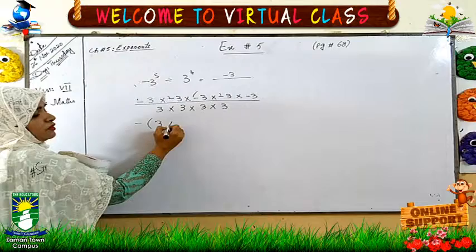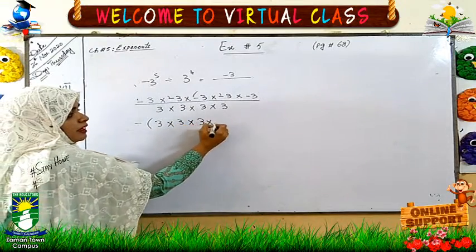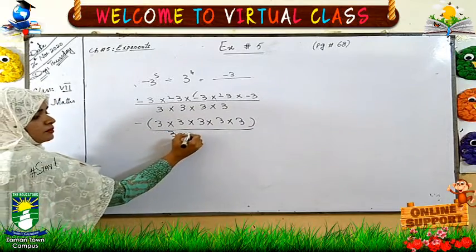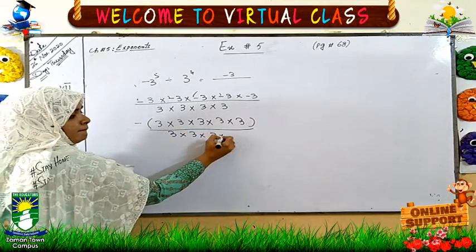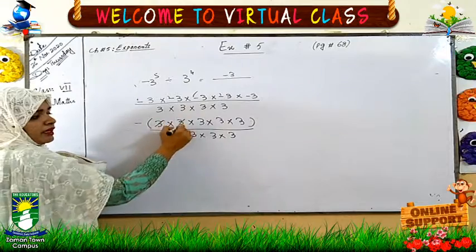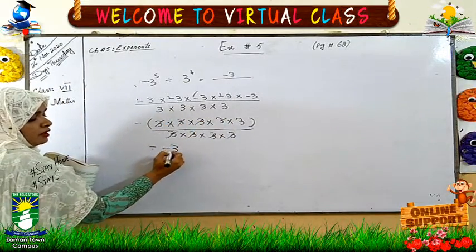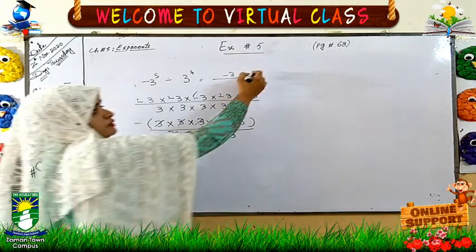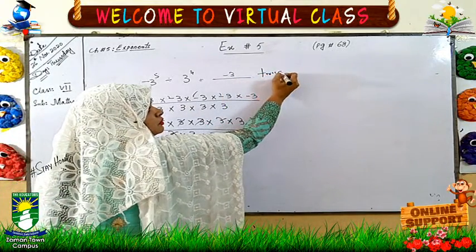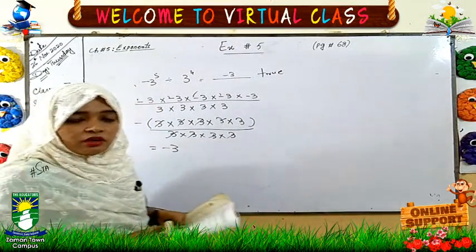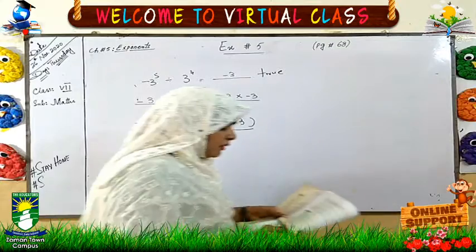You will have 3 multiplied by 3 multiplied by 3, and 3 will be cancelled by each other. So which number is left? Minus 3. It means it is a true statement.